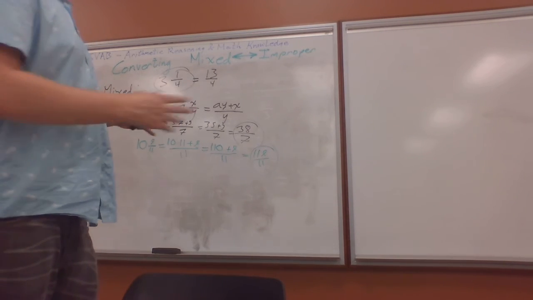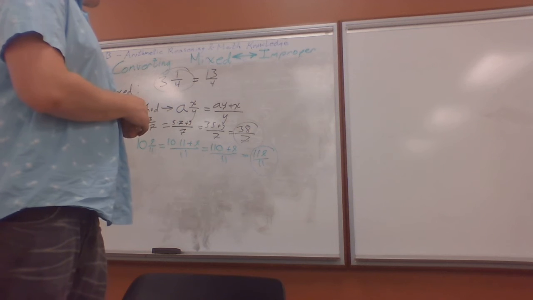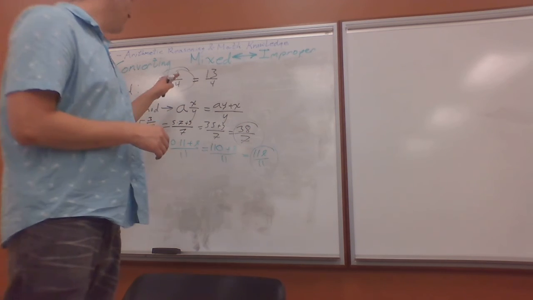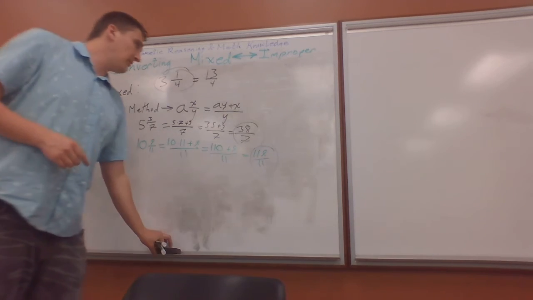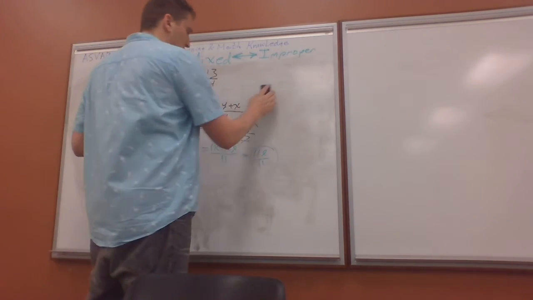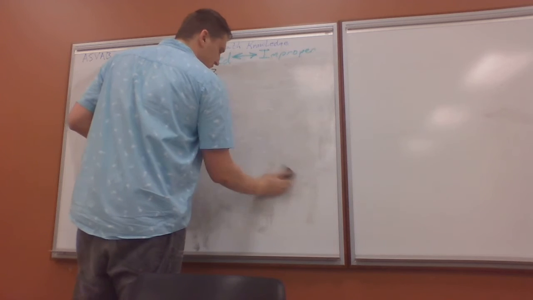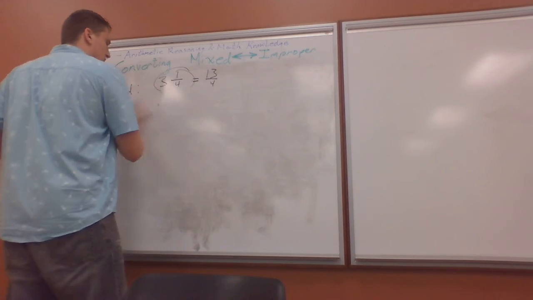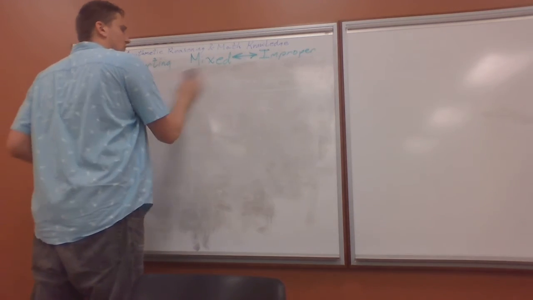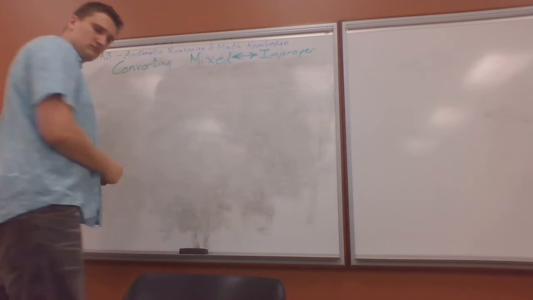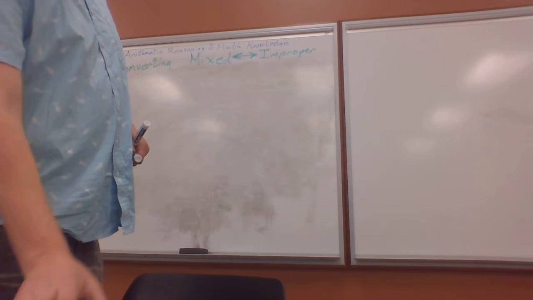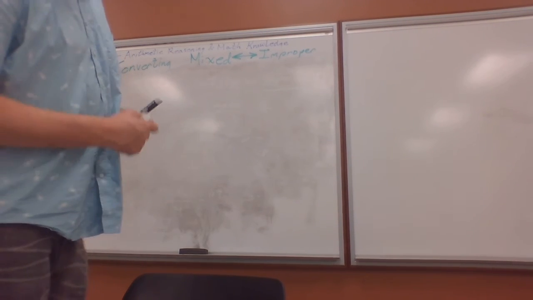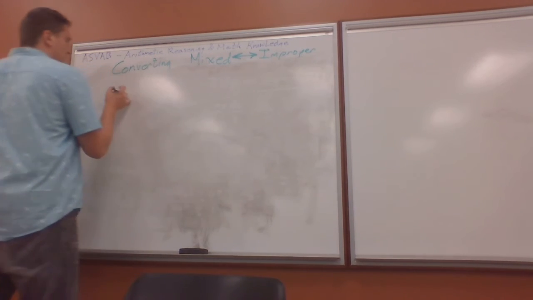Now, we went from mixed to improper. That's the method from mixed to improper. How about the other way? Well, let's see.